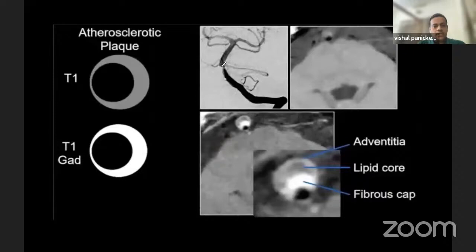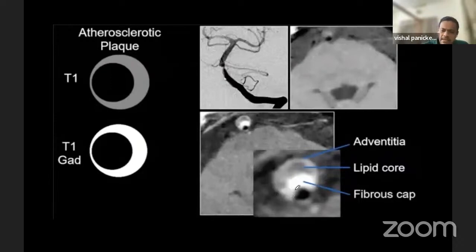So coming to the atherosclerotic plaque, this image shows a basilar stenosis, and in atherosclerotic plaque, on T1 we can see vessel wall thickening with eccentric luminal narrowing, and with gadolinium there will be enhancement of the vessel wall. And this is the typical appearance of a plaque.